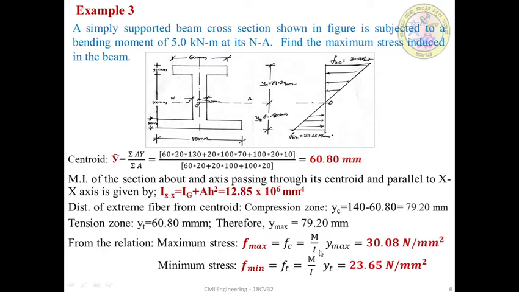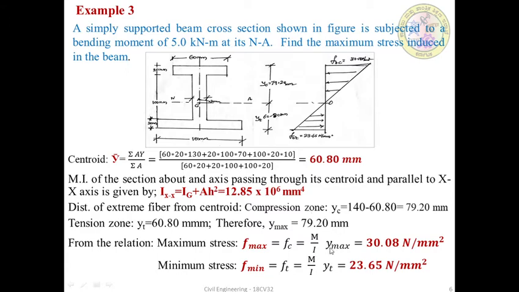After substituting all the values, M and I remain constant for a given section. The M value will not change and the I value will not change, because as per the assumptions made, the cross section will not change. The cross section is constant from one end to the other end. Therefore, the moment of inertia is constant, and also the applied moment is constant from one end to the other.